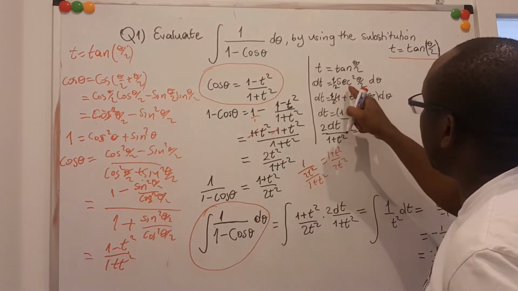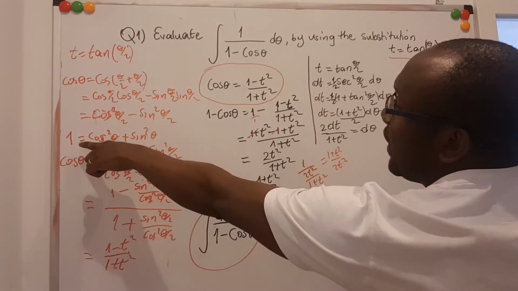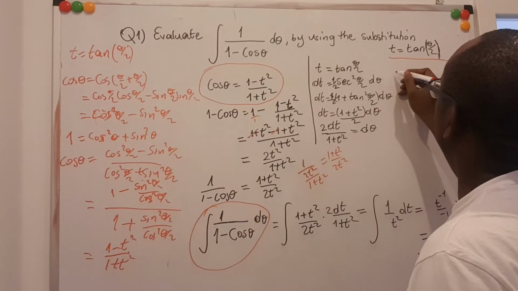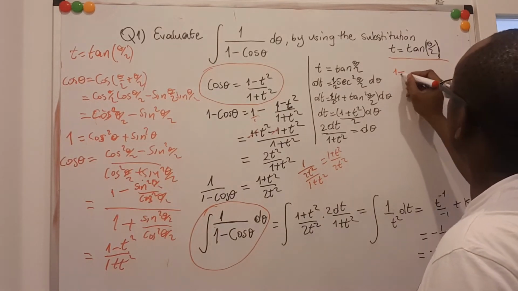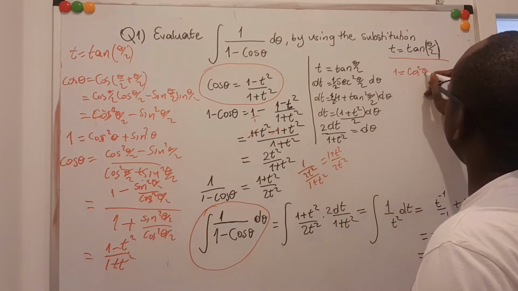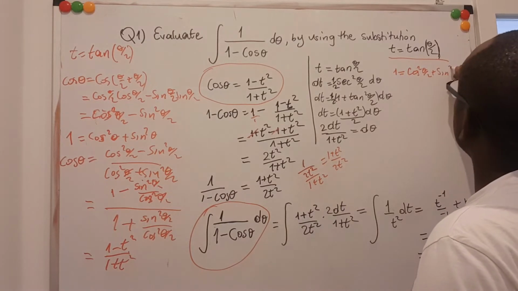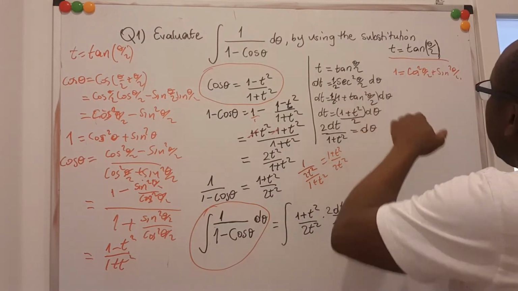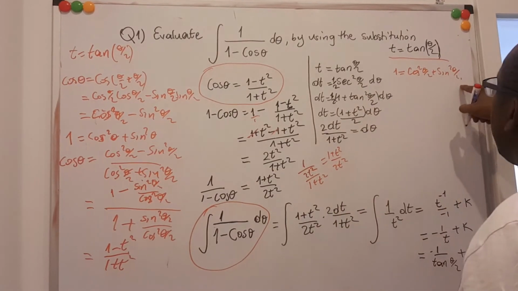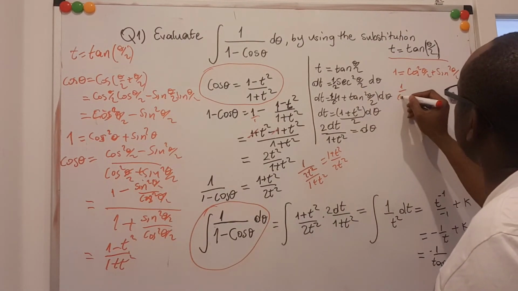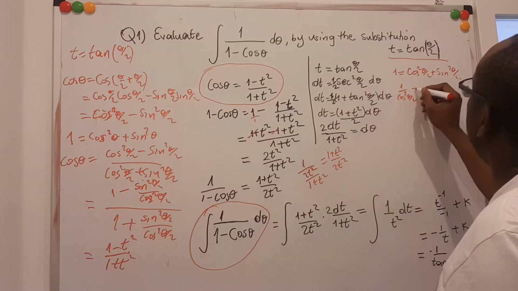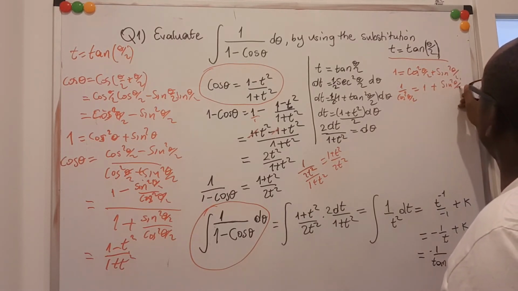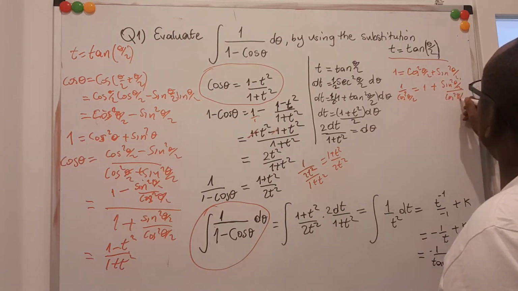I also know from the identity, let's look again at this special 1, and take it to a different salon, it comes out also beautiful. So 1 is equal to cos squared(theta/2) plus sine squared(theta/2). In order to get tangent coming, I can divide all through by cos squared(theta/2). So I get 1 over cos squared(theta/2) is equal to 1 plus sine squared(theta/2) over cos squared(theta/2).